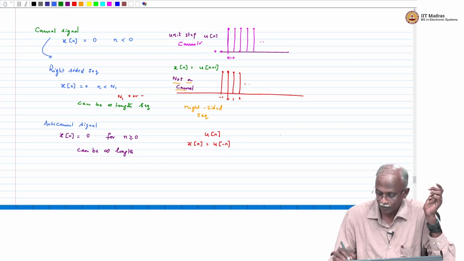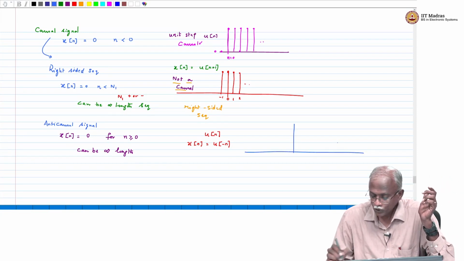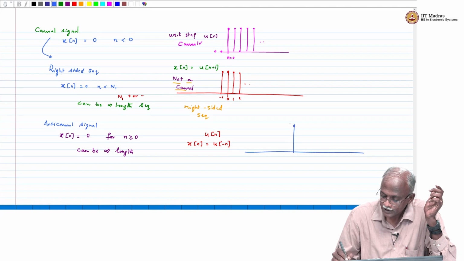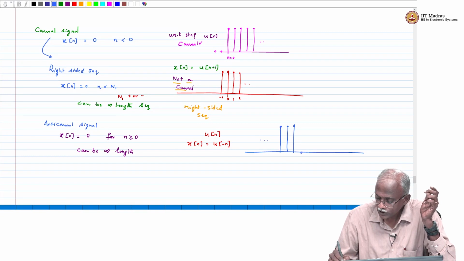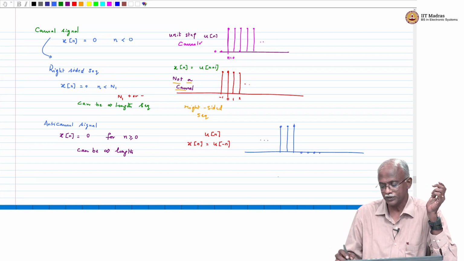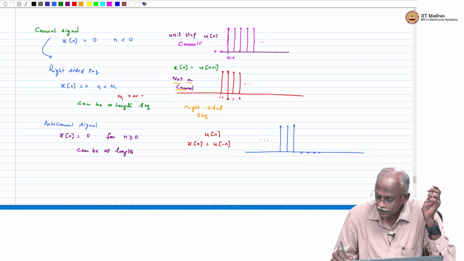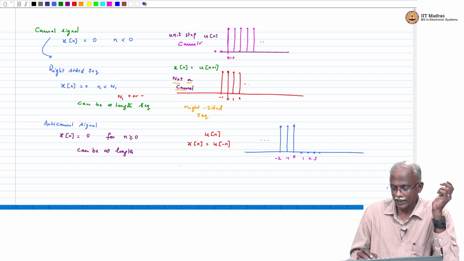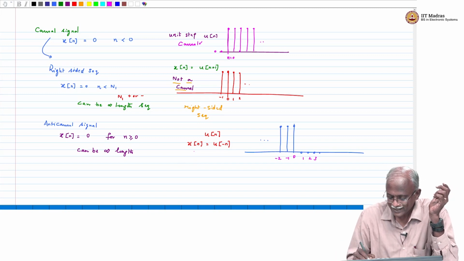Can you sketch it for me? u of minus n is non-zero at n equal to 0, n equal to minus 1, minus 2 and so on, and it will be equal to 0 for all the positive values. So this is 0, 1, 2, 3, minus 1, minus 2. This is u of minus n.